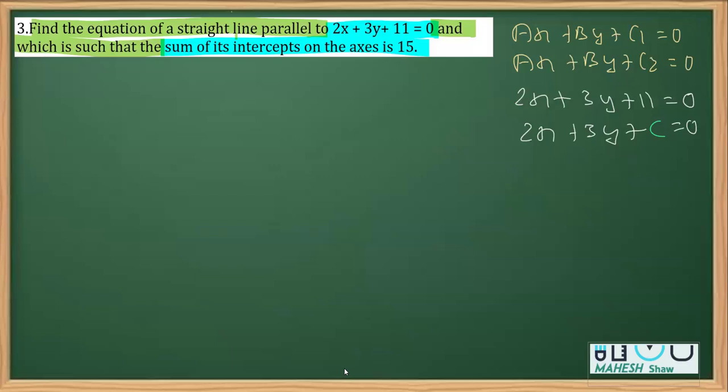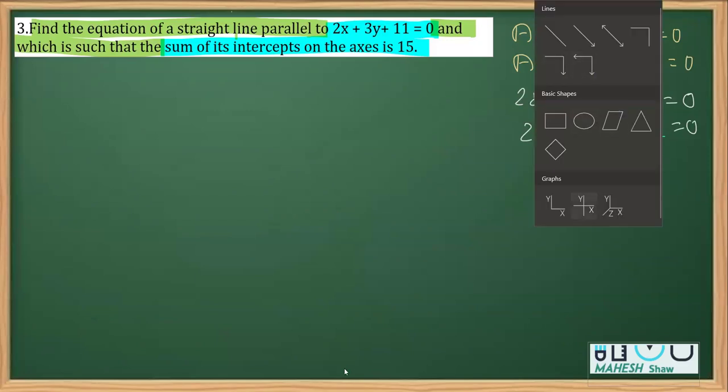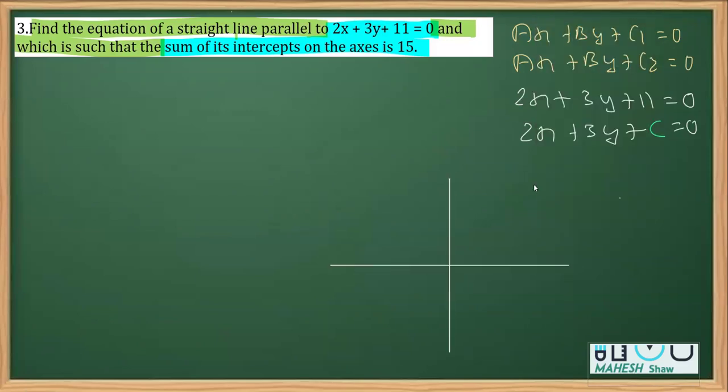For that, we know that at the x-intercept, y is 0. Let's understand this. Let's say I make a Cartesian plane here, and let's say this is a line on it. The x-intercept is in the form x comma 0, and the y-intercept is 0 comma y. So to obtain the x-intercept, I have to replace y with 0. Let's say the x-intercept is the point a comma 0.